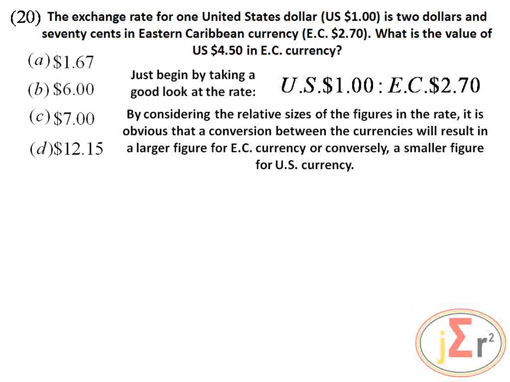So if we are converting from US to EC, the figure that we get should be larger than the figure that we have for the US. And if we are converting EC to US, because this number is larger than the one over here, the answer that we get should be a smaller number.